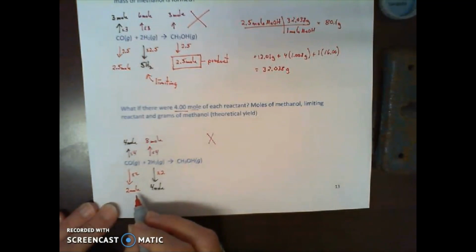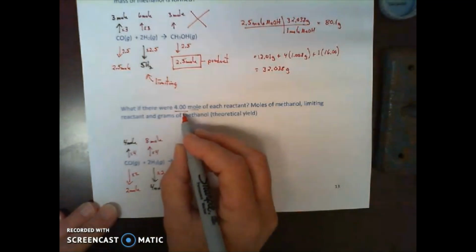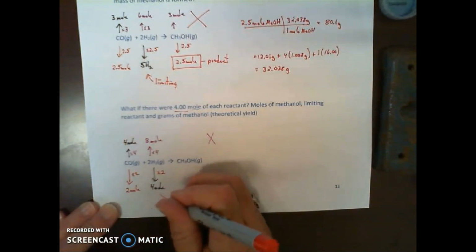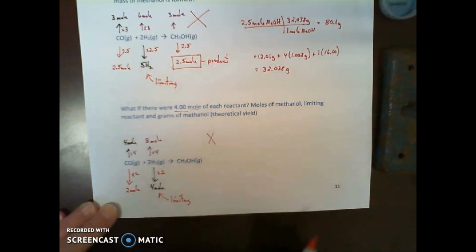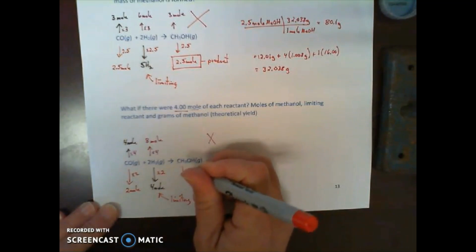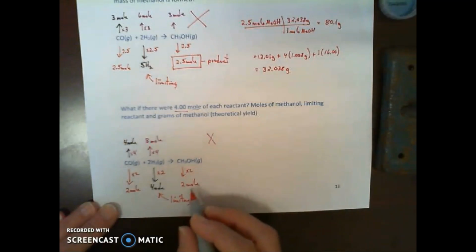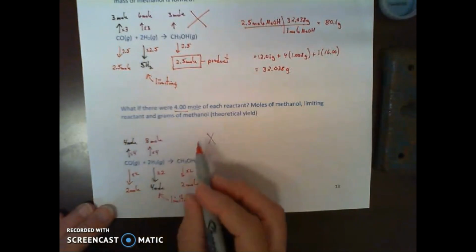Do we have 2 moles of carbon monoxide? Yes, we do. We've got actually 4 moles, so we've got more carbon monoxide than we need. So again, the hydrogen is limiting. And we will make 2 moles of methanol.